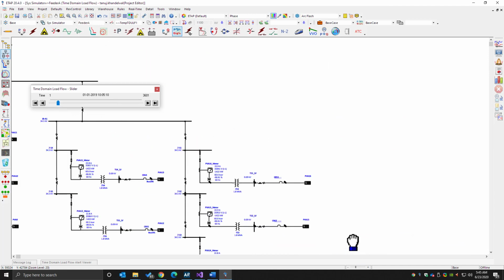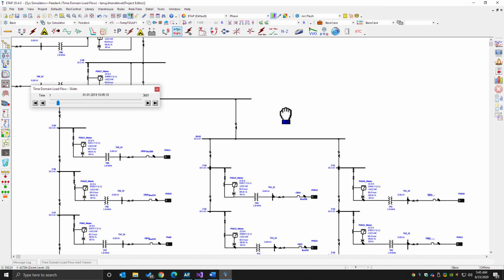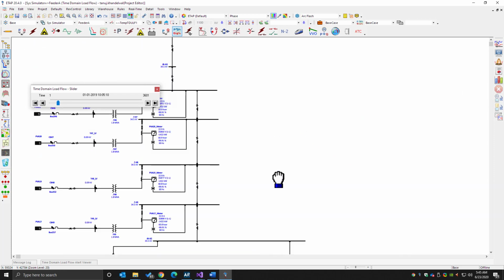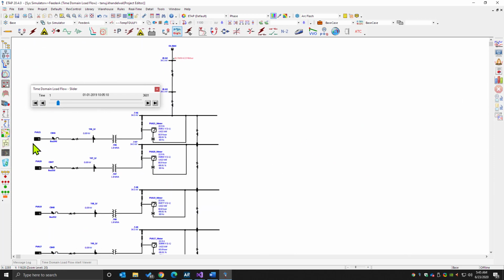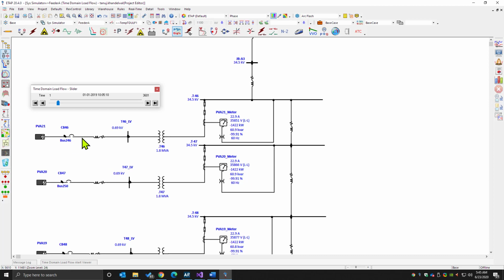As we double click and look inside this composite network, we can see a setup of photovoltaic arrays that are connected through various protective devices and cables and their individual step-up transformers, and are interconnected into the collection system.